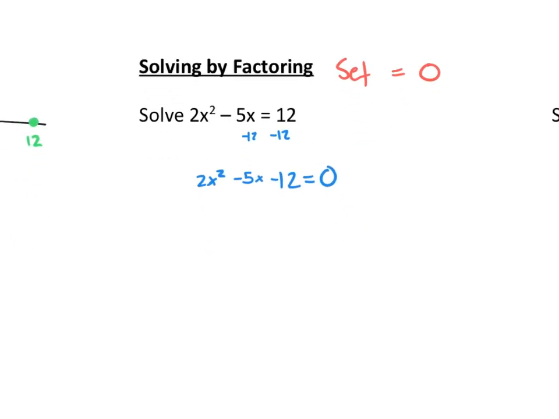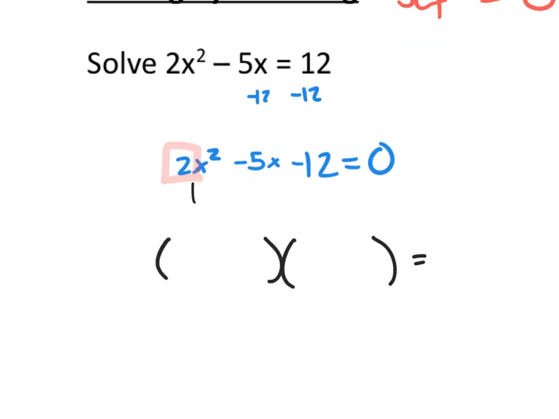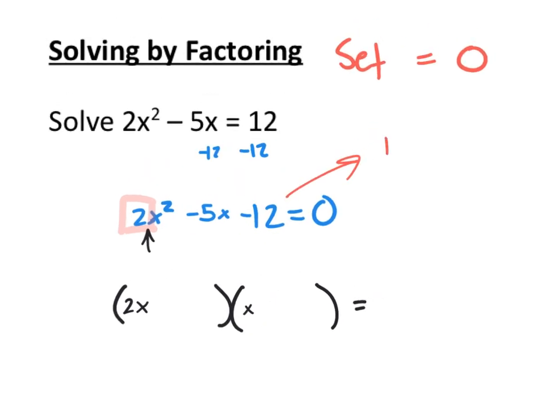This problem here is the more difficult type of factoring. We know that because it starts off with a number out front other than 1. And the way that works is you have to think about what are ways that I can get 2x squared. The only way is 2x and x. Then from there, we're looking for numbers that multiply together to give us a negative 12.